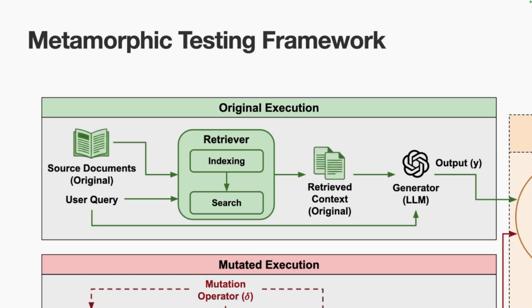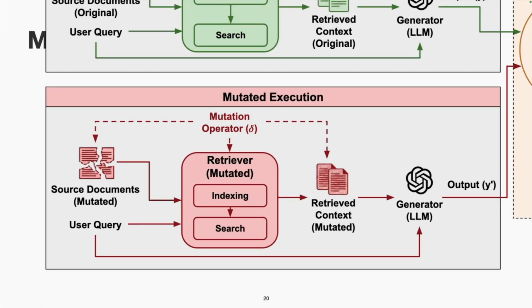But in our mutation-based metamorphic testing, what I'm going to do is make some changes to the source document, or I also change some hyperparameters of the retriever itself. So it means that I simulate the changes or evolution of the document. After applying these mutations to the document, I go through the same procedure as before.